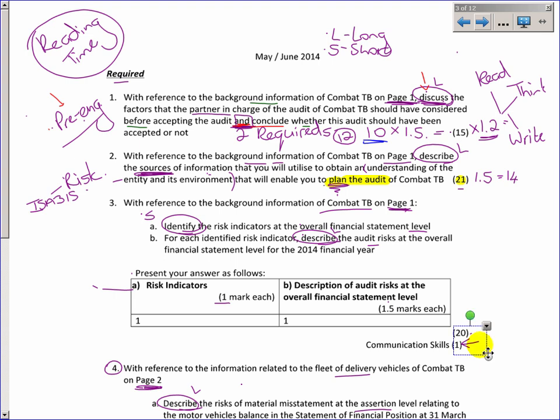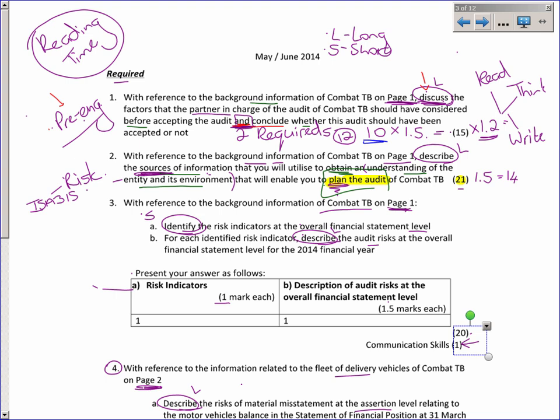I said that you've got to be careful about reading the word plan and thinking that this is a question on the audit plan, because it's not. The key words here are the source of information that you're going to use to obtain an understanding of the entity and its environment.